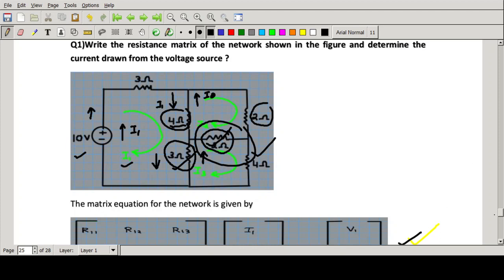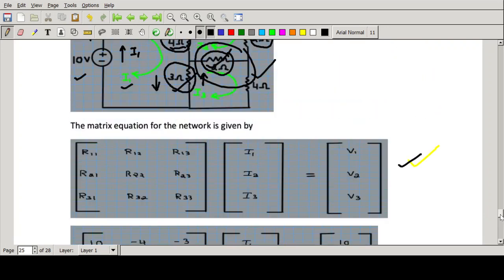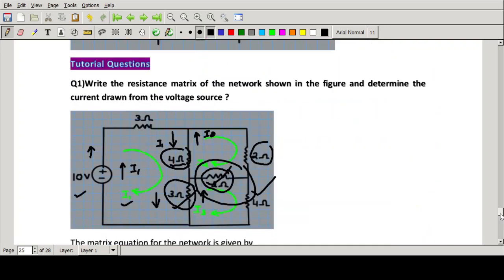That is why we are taking the voltage term as 10. So it is very easy to get this particular matrix. You don't have to write any equations. By just going through the network, you can very easily find the resistance matrix as well as the current and voltage terms.